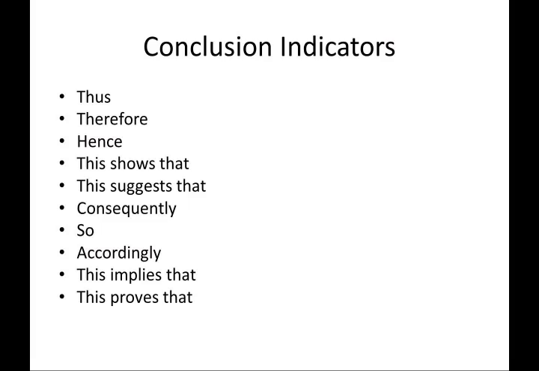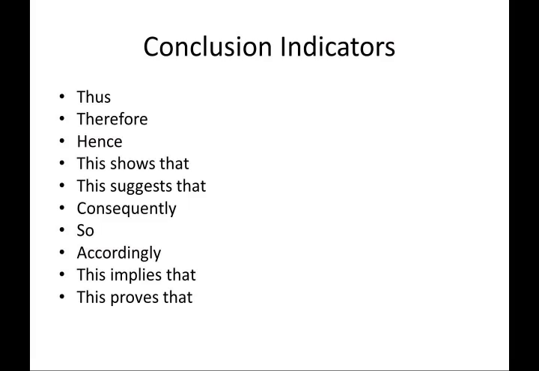Same with this suggests that. If I use the phrase this suggests that, I'm still saying that the idea that follows that phrase is logically derived from some prior claims, but we'll make some notes in our next lesson about the different kinds of arguments, and the phrase this suggests that is actually indicative of a specific kind of argument, but we'll get there.